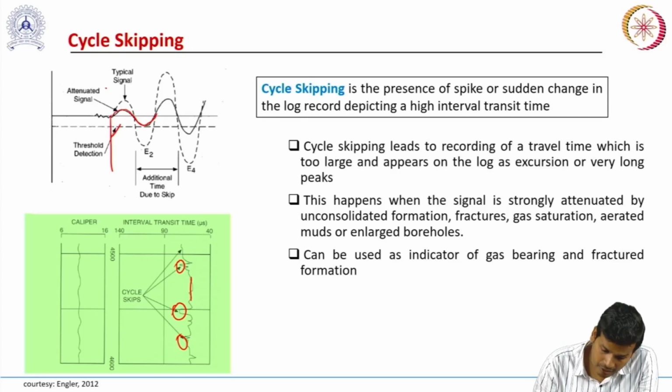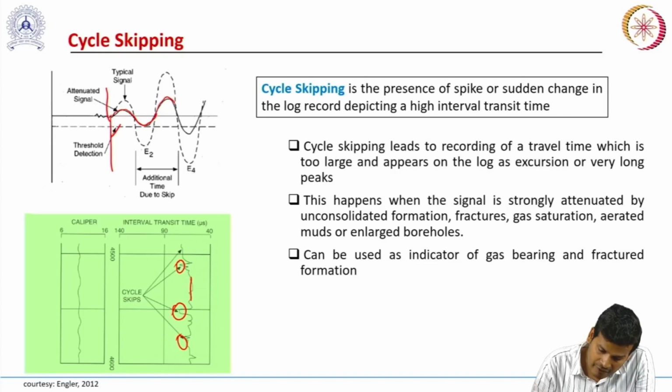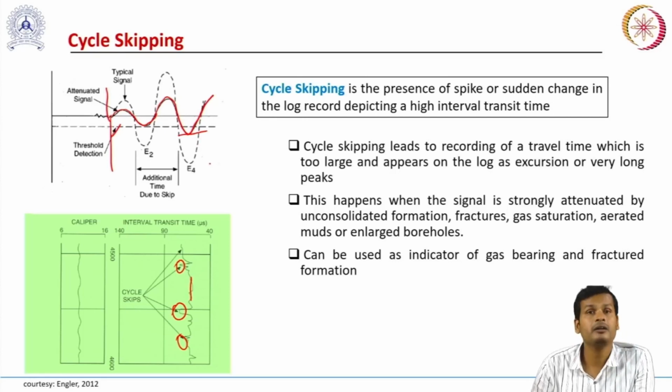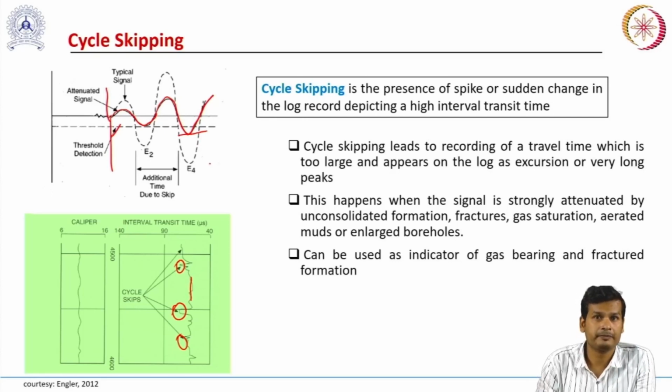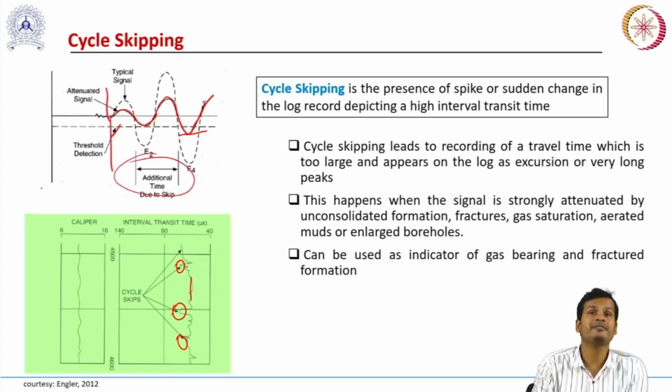So although sound has reached the receiver, the receiver will not detect the arrival because the amplitude of the sound is less than the cutoff amplitude. Instead, the sound will be recorded when the next cycle of the sound wave has higher amplitude than the cutoff amplitude. You can see this is the additional time due to cycle skipping.